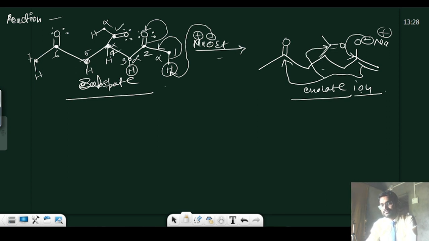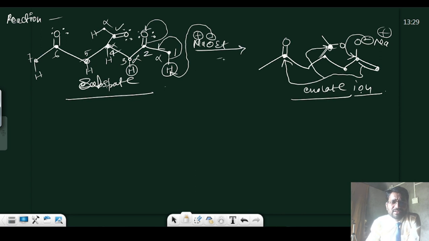If it attacks on this carbonyl, counting first, second, third, fourth and fifth carbon, there is a possibility of a 5-membered ring. If it attacks on the other carbonyl, there is a possibility of a 6-membered ring. Which is more stable? That we need to understand.